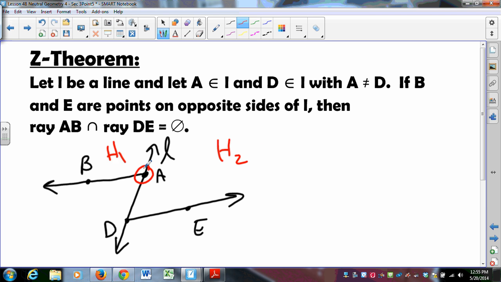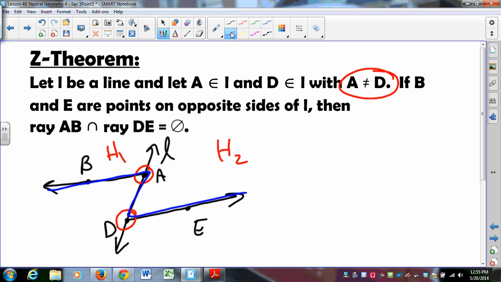Well, here's the endpoint of ray AB, and here's the endpoint of ray DE, and guess what? They don't touch. So if these conditions are met, then we know the two rays cannot possibly intersect. It's called the Z-theorem for reasons that you're going to have to ponder. We really don't know why they call things the way they do.